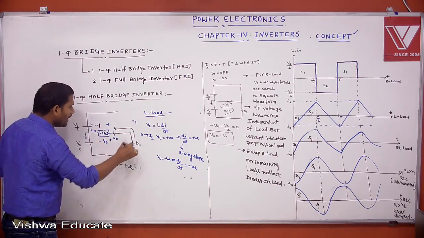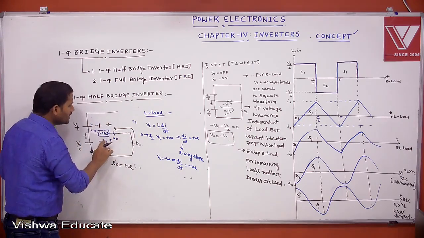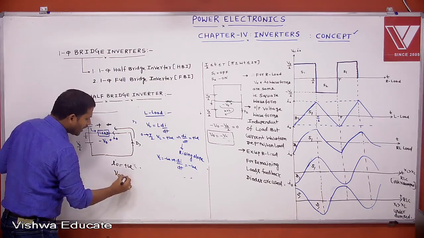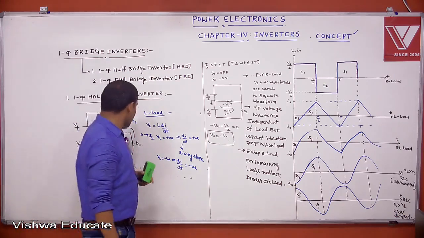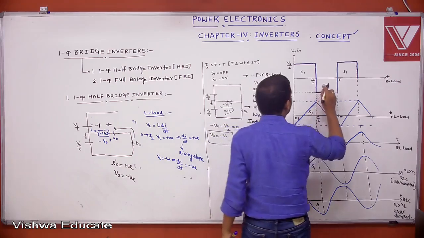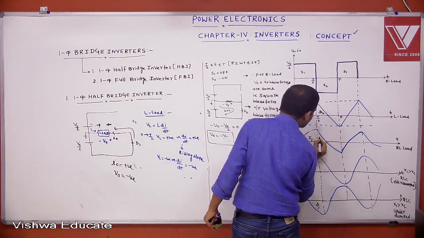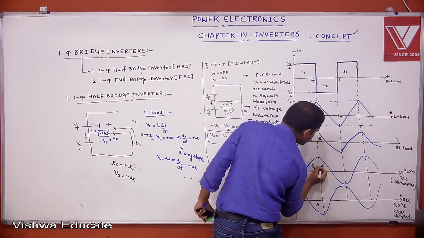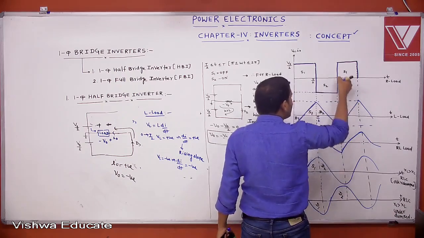Where is this negative plate connected? Here now. This is positive negative, but this is negative positive. Same polarity or opposite polarity? Opposite polarity. Then V0 is negative. I0 positive, V0 negative: D2 is conducting. This one cycle is completed now.